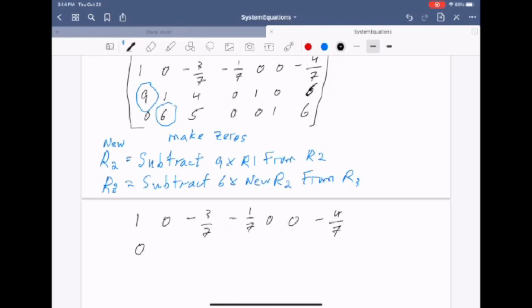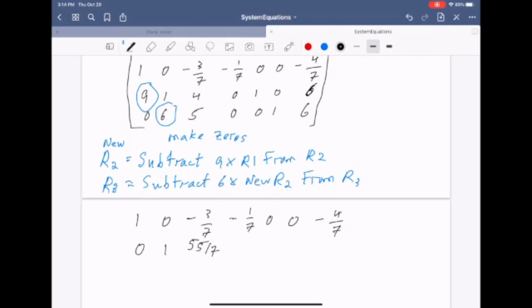So 1 minus 0 remains 1, and then 4 times 7 is 28, and 9 times that 3 up here is 27. Because we're subtracting, that minus becomes a plus, so we're adding 27 and 28. That gives us 55 divided by 7.